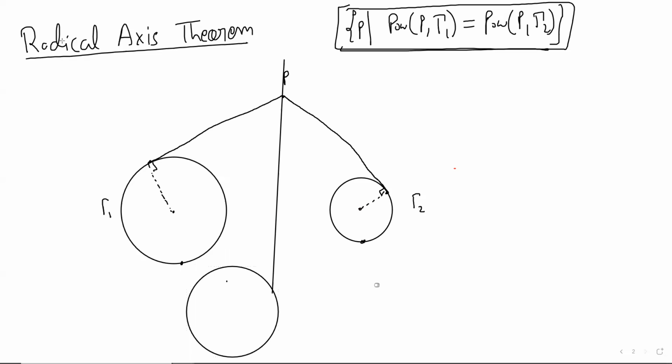Then you again draw the radical axis of these two, and again it will be a line. And you know what I'm going to say. Again, for gamma 2 and gamma 3, you draw the radical axis, it will be a line. But those three lines will pass through a common point. Boom. That's a very nice result.